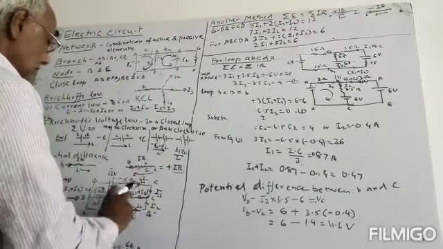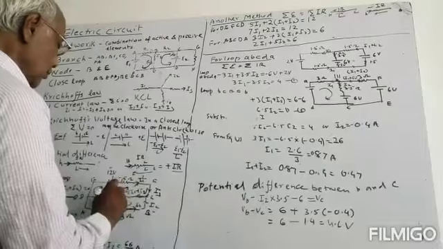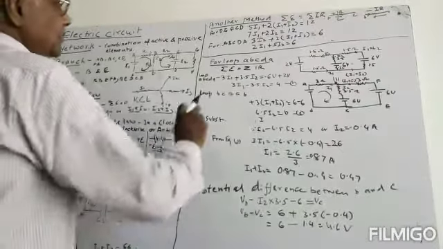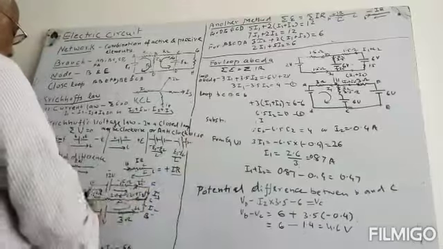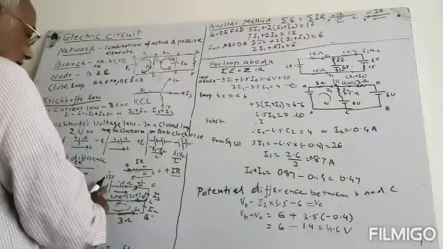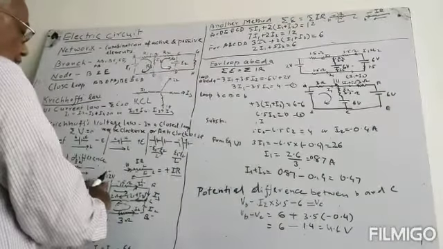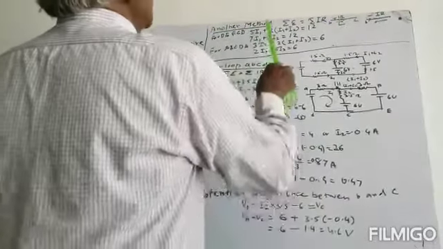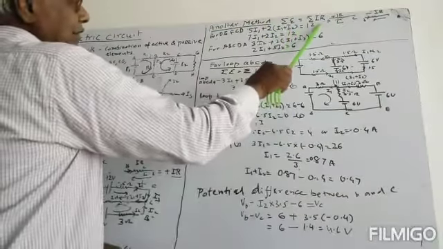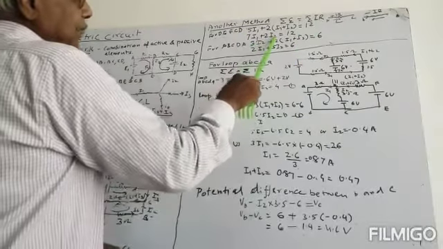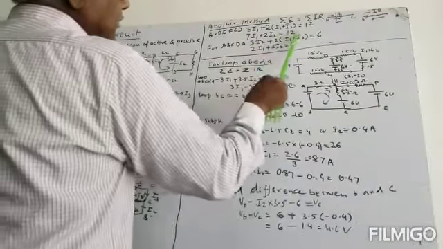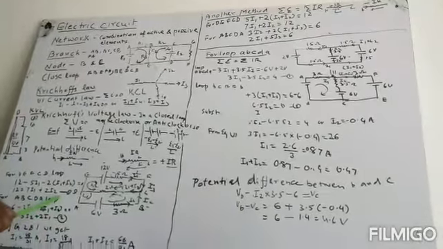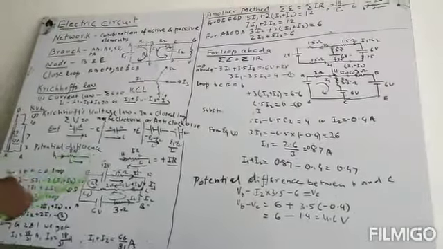And here the current direction and loop direction are the same, so it will be 2 into I1 plus I2. And this is equal to, since it enters at the minus sign, 12 V. So 5I1 plus 2 into I1 plus I2 equals 12, so 7I1 plus 2I2 is equal to 12. This equation is the same as the earlier equation. There is no difference.